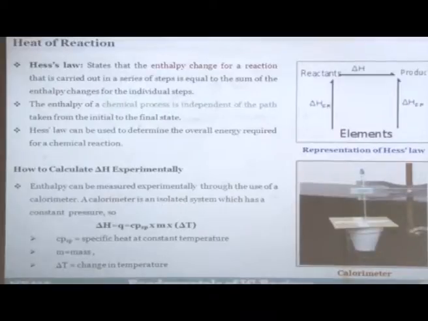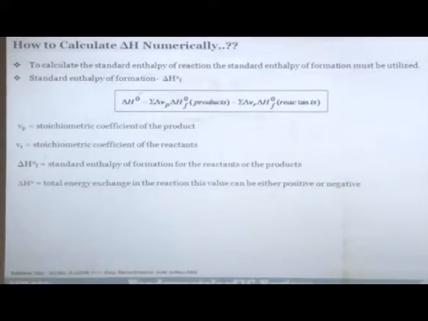A calorimeter is an isolated system which has a constant pressure and it works on this principle: delta H equals Q equals Cp times m times delta T, where Cp is the specific heat at constant pressure, m is the mass, and delta T is the change in temperature.